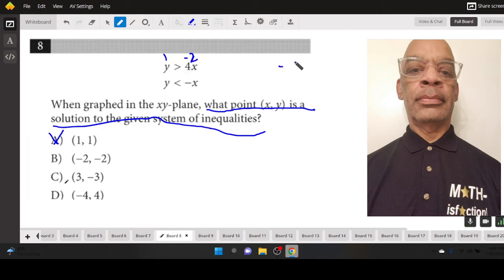Negative 8 on the right is less than negative 2. That's good. Put in an 8 in the second equation. Both equations must be true. So we have a negative 2 for y, and we want that to be less than the opposite of negative 2, which is true. Negative 2 is less than positive 2. The second equation is true.